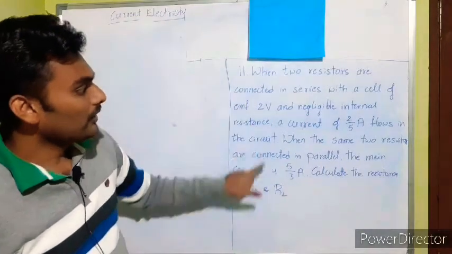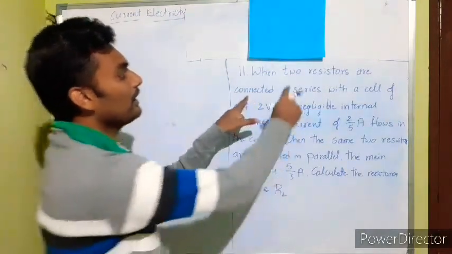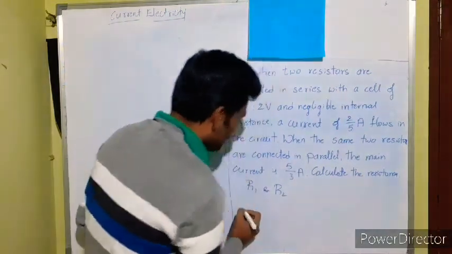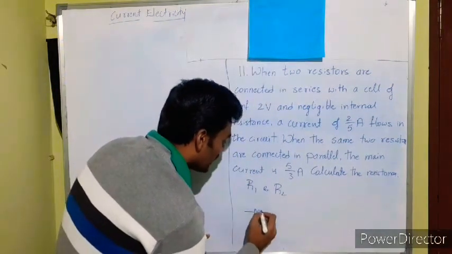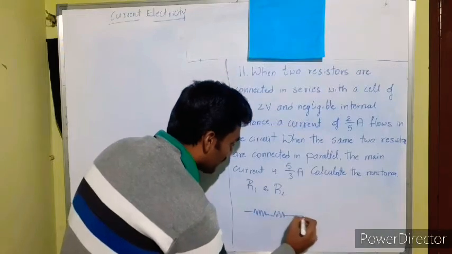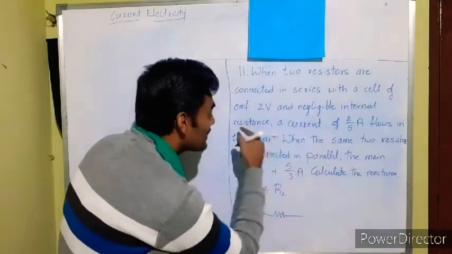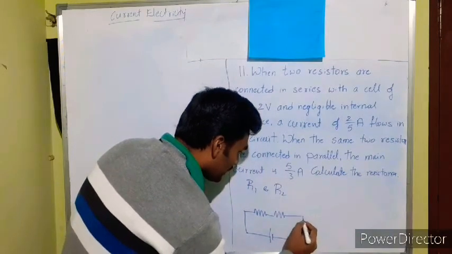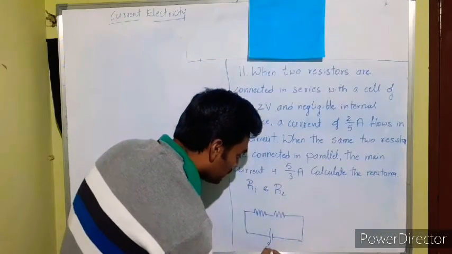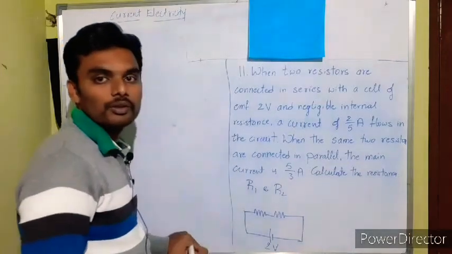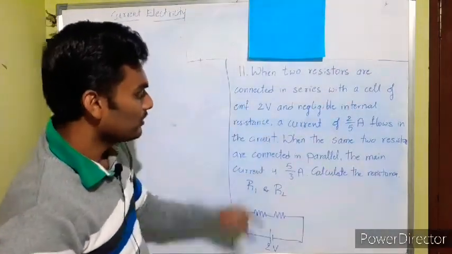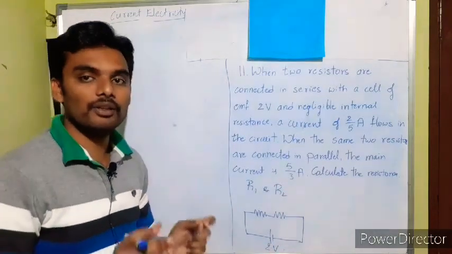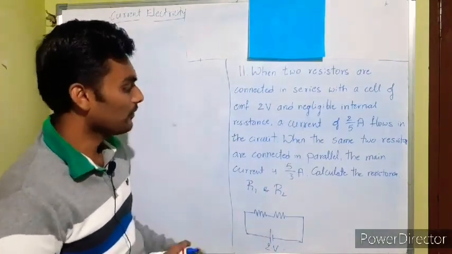Now this R1 and R2, when they are connected in series, the first situation is the series situation. When these two are connected in series with a cell of EMF 2 volt, we are connecting the combination with a cell of EMF 2 volt and negligible internal resistance, which means this cell does not have considerable resistance, so it is negligible.